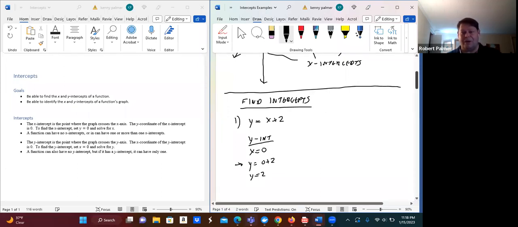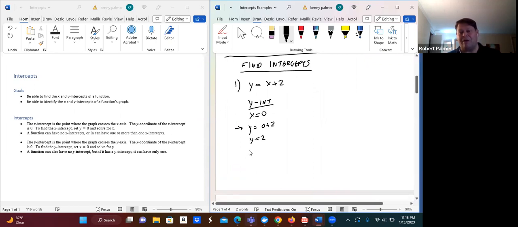So when x is 0, y is 2 on the graph. And so this is the y-intercept. Sorry about that. Some people may simply say that the y-intercept is 2, but the coordinates are 0, 2.